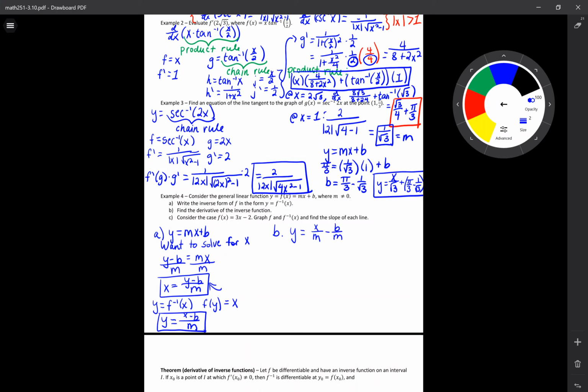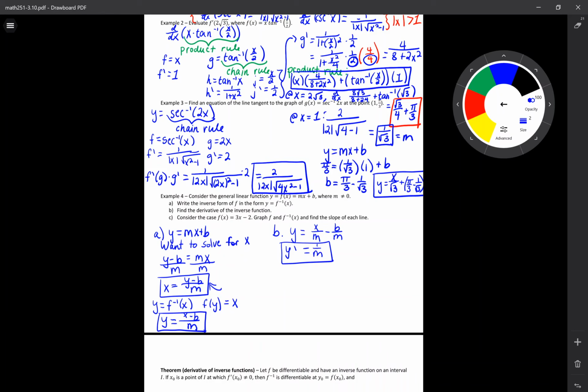So if I were to find y prime of this, remember that b and m are simply constants. So this b over m term will simply disappear when I take the derivative, and I will just be left with 1 over m as my derivative. So the derivative of the inverse function is the reciprocal of the slope.